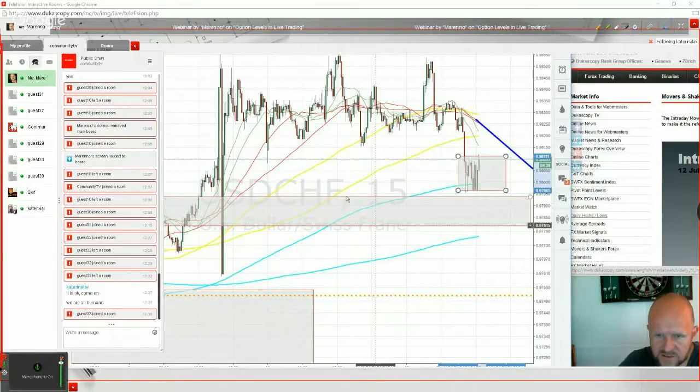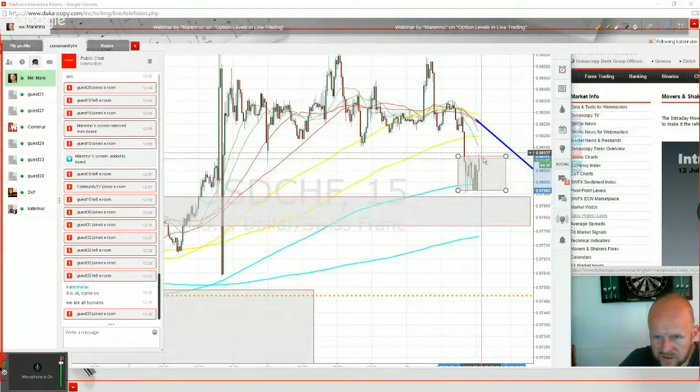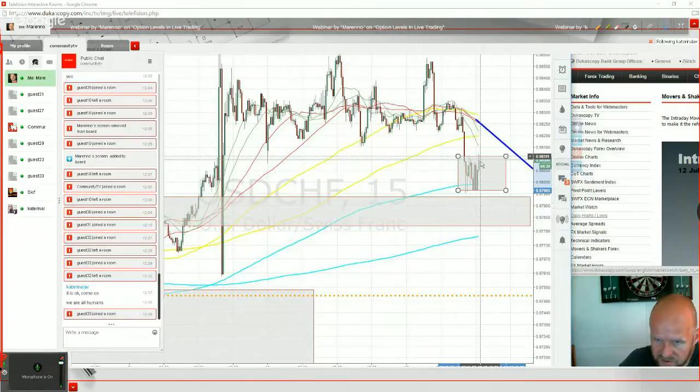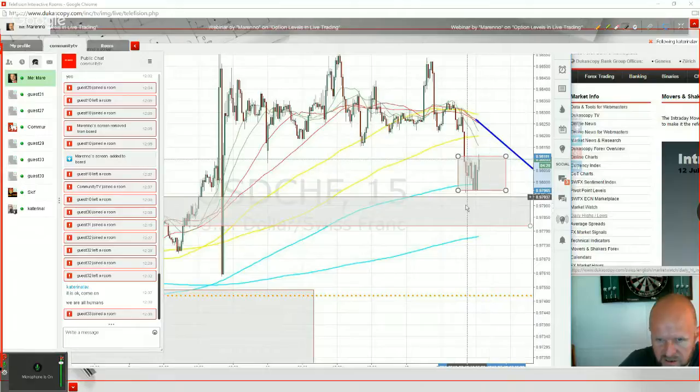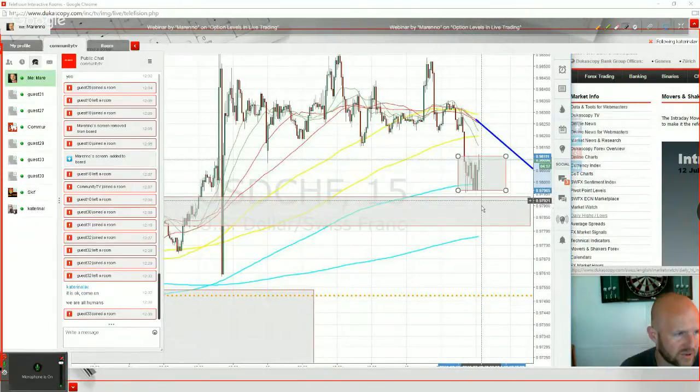So if in 20 minutes the price will stay above this area, then this level here, 0.981, will be a good entry opportunity for a limit order. And just below this level here will be the stop placement.